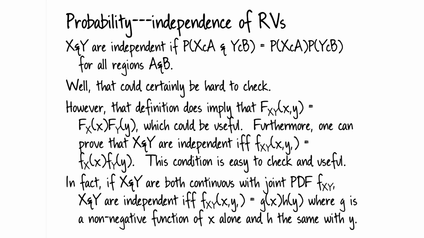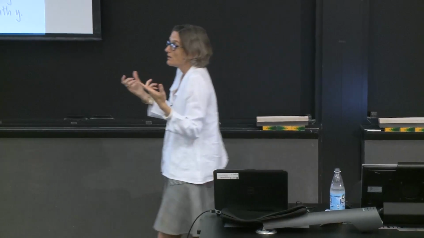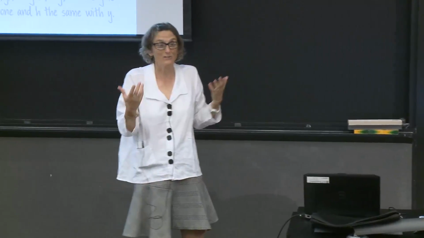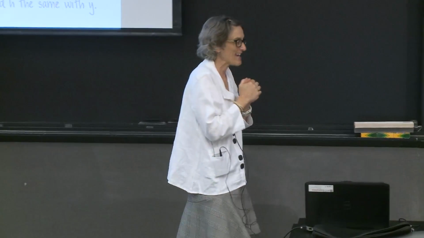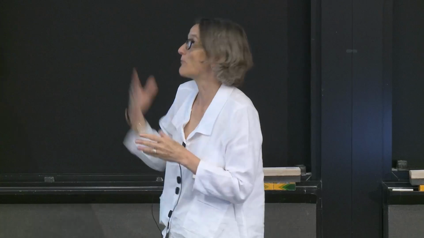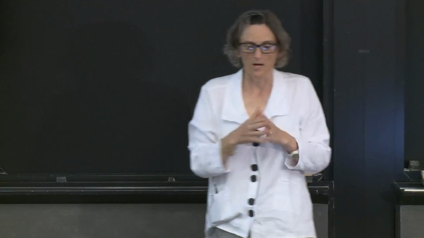If you think about having two random variables and their joint distribution, and trying to check something like this, that's virtually impossible. How do you check that something is true for all possible subregions A and B?